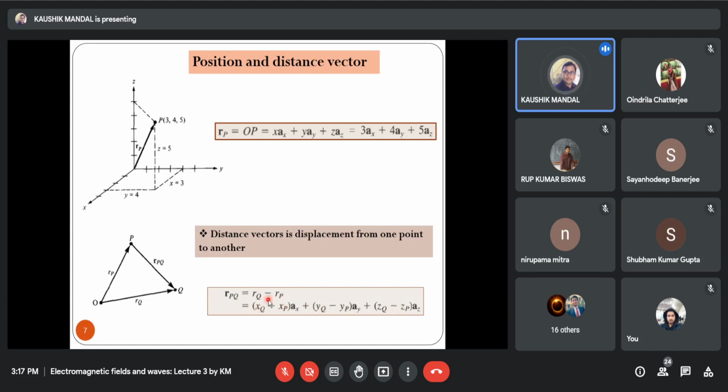So simply applying the vector subtraction rule, it will be XQ minus XP into the unit vector along the x-axis, YQ minus YP into the unit vector along the y-axis, then ZQ minus ZP into az, the unit vector along the z-axis. In that way, we can find the distance vector between two points.